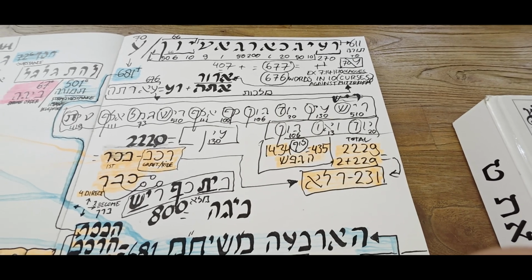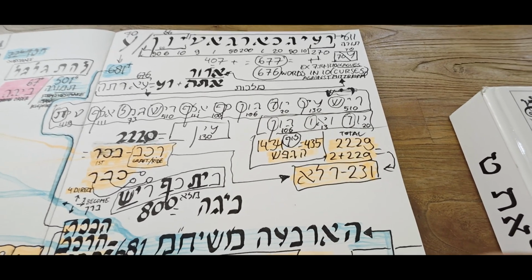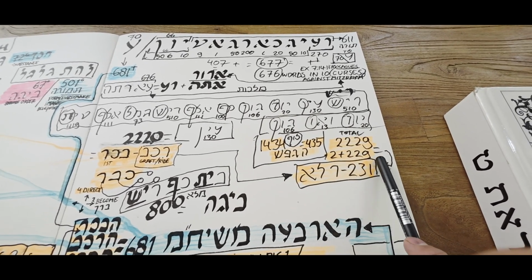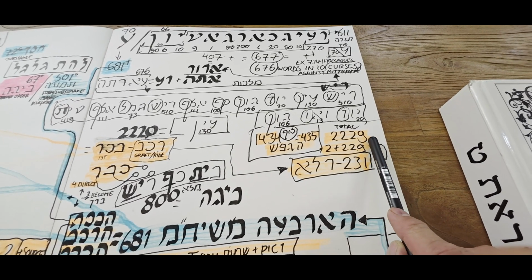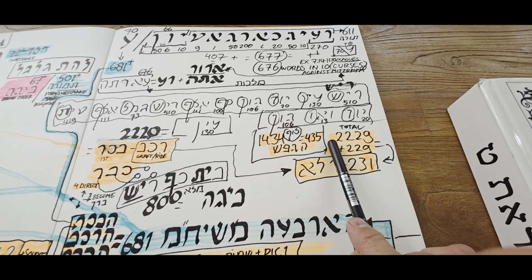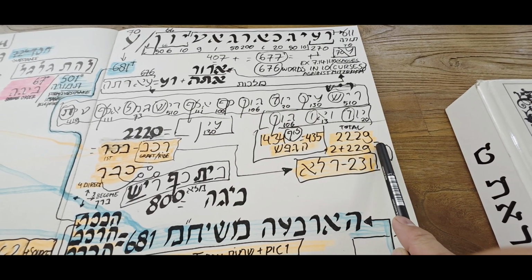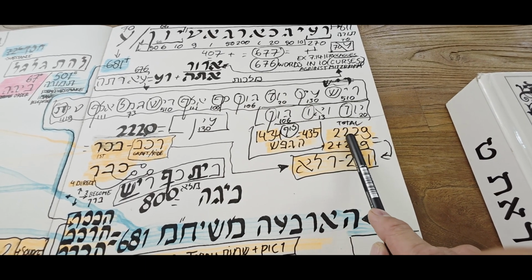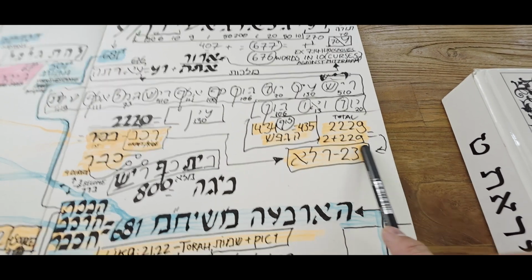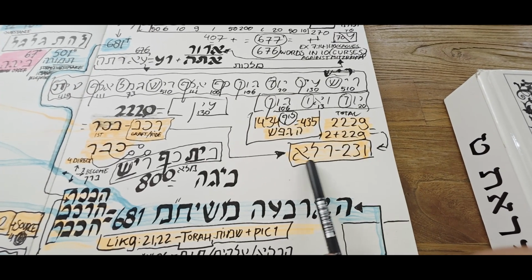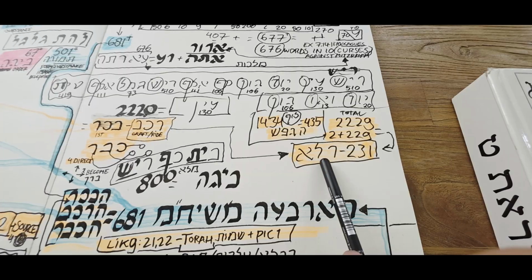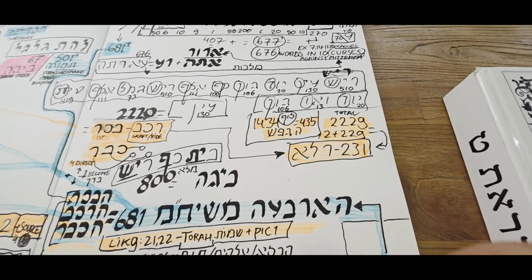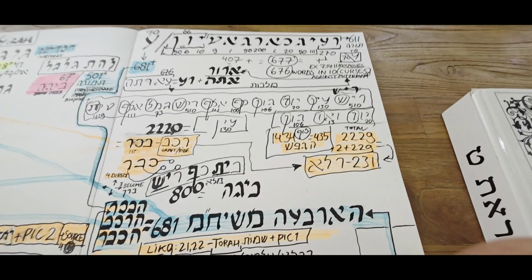I did it more than 4 times, so I'm very sure that it's precise. Gives us a total of 2229. Now the rule is that you can break down the thousands to ones. So that will be 229 plus 2 makes 231, which is Re La. Yesh, Re La. Yesh, I'll write that down.